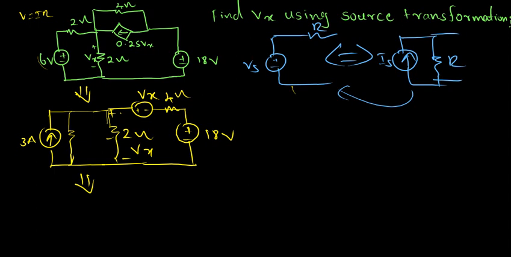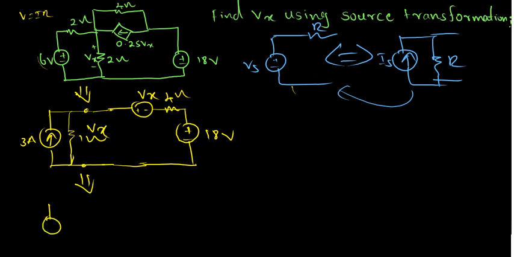Just we change this. This is 1 ohm because of the two 2 ohm resistors, and it has Vx in between. Again we have a current source in parallel with a resistor, so we change this into a voltage source in series with the resistor.